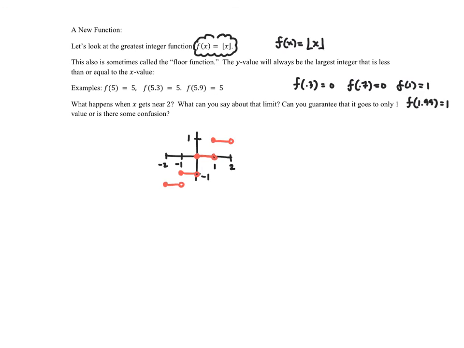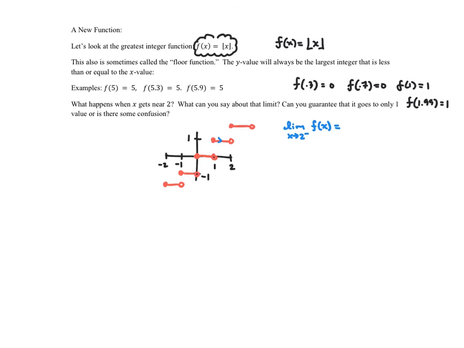Okay, so what happens when x gets near 2? Okay, so let me sketch this out. What can we say about the limit? Well, let's look at the limit from both sides of 2. So the limit as x approaches 2 from the left of this function called the greatest integer function.